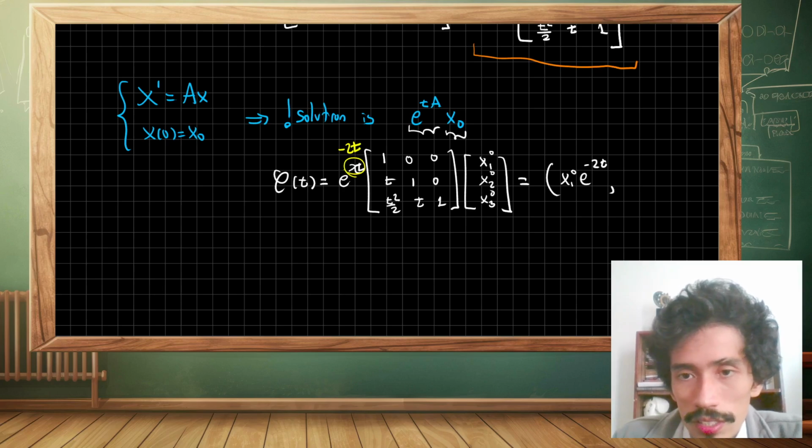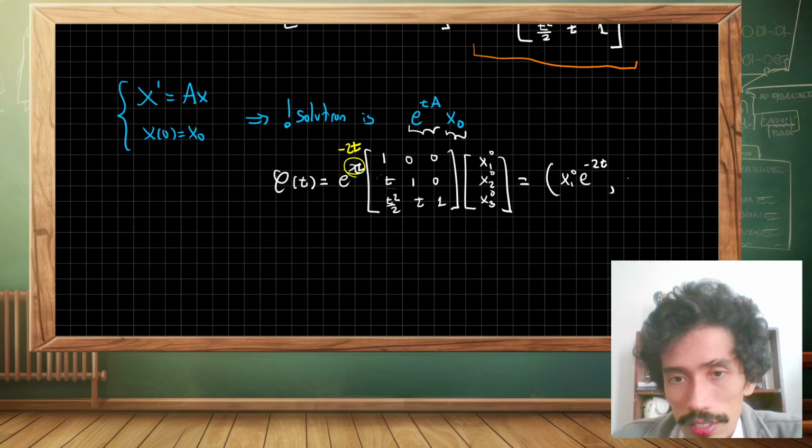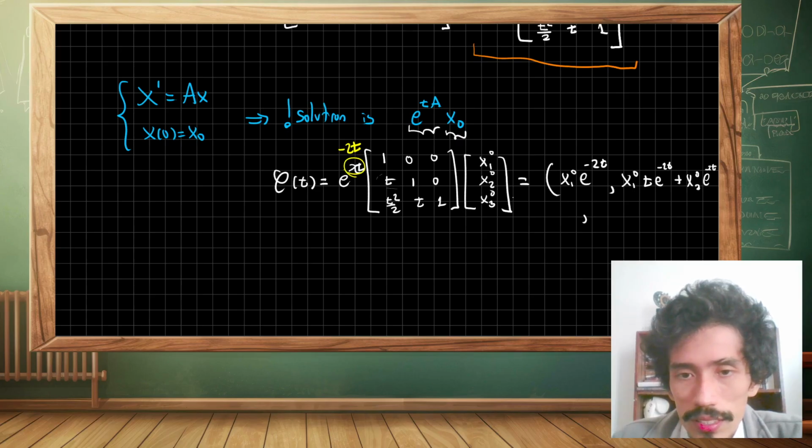The second term will be this row multiplied by this, so it will be x10 t e to the -2t plus x20 e to the -2t.